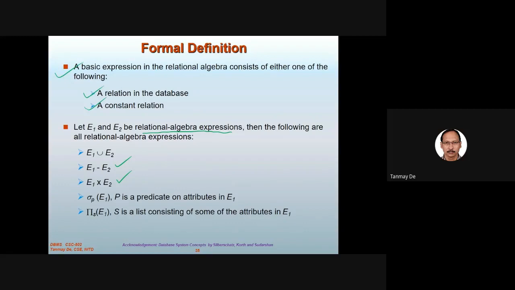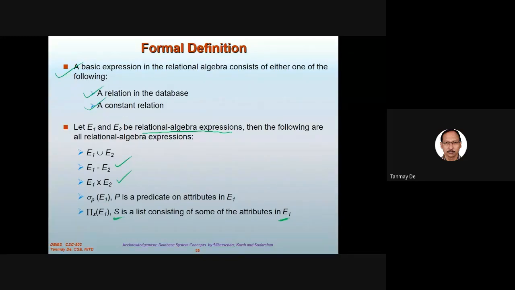That is, what attributes we want to display, that is S, the list of attributes we want as the outcome or result. And this list of attributes belongs to E1. Not all the attributes of E1 do we actually want. We want some of the attributes of E1 as the output. So this is the project operation.